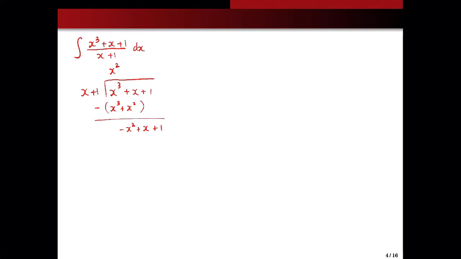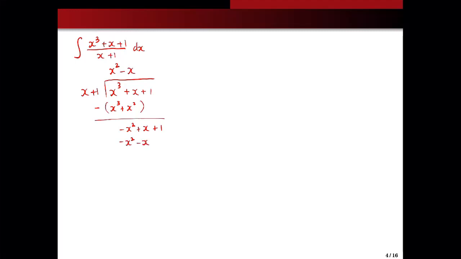So in here, you have degree 2 and the divisor has degree 1, so you continue the division. Same process. You divide minus x squared by x and you get minus x. And then you multiply again: minus x times x is minus x squared, and minus x times 1 is minus x.